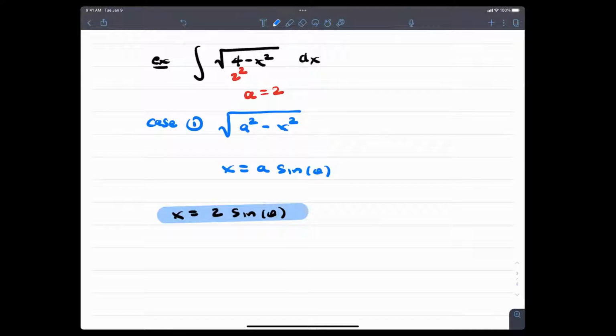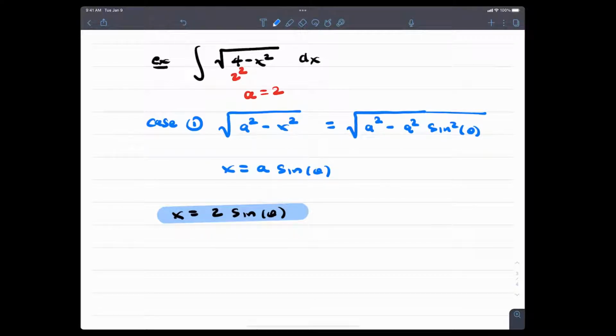Now, if you guys want to know in general, I can show you how to substitute this in general. Your radical will become a squared minus, in general, a squared sine squared theta.